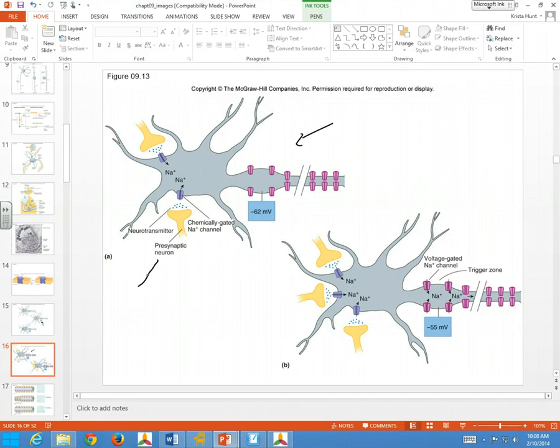Here is the signal coming right here that is telling it that it wants to fire, but it's not enough of a stimulus to get it going, right? It's only when we reach, in this case, minus 55, that threshold, that limit where once I get past that, then I engage my full action potential, right?